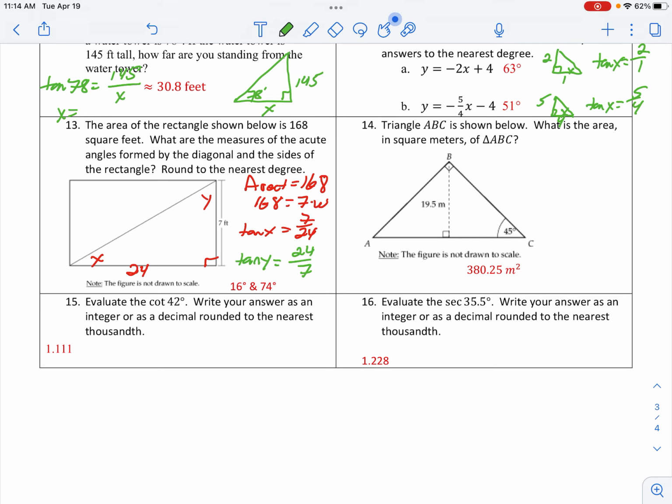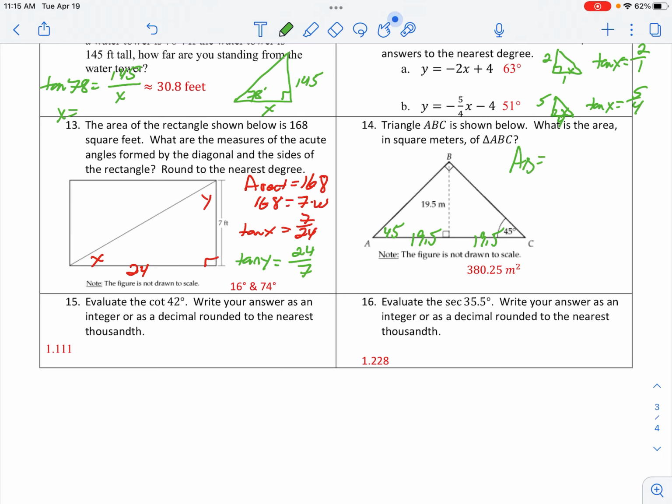What is the area in square meters? Okay, area of a triangle is 1/2 base times height. Okay, well, we have ourselves some 45s hiding in here. If that's 45, that's 45. If that's 19.5, this is 19.5. That's 19.5. And I'm done.